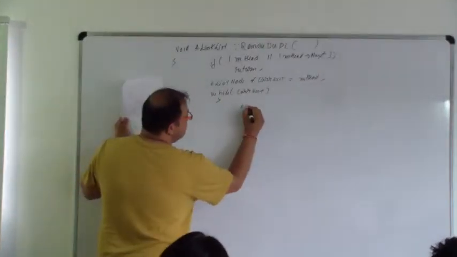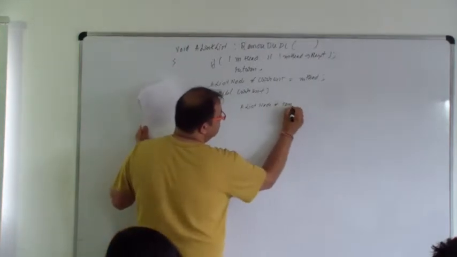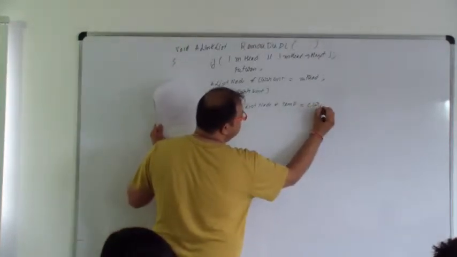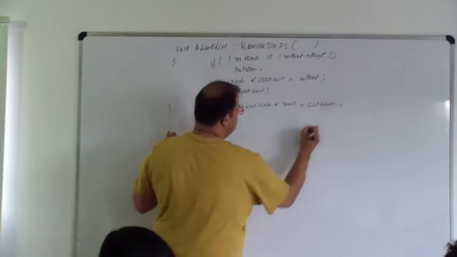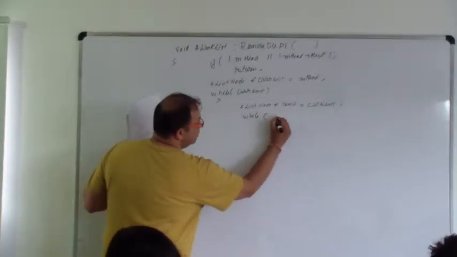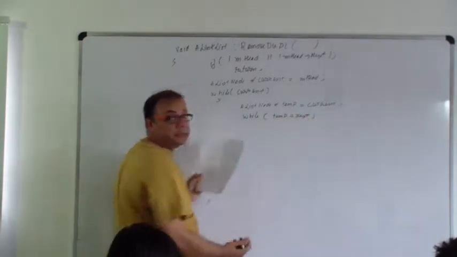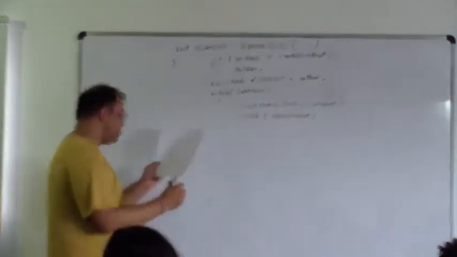So we'll say ListNode star temp is equal to current. And then we'll start while temp arrow next exists.